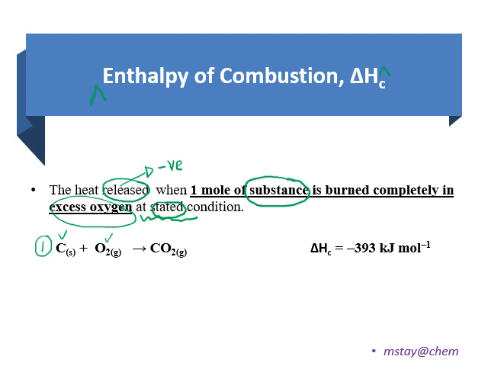This thermochemical equation fulfills the requirement of the enthalpy of combustion. In this case, we only need to focus on the substance burned, which is carbon. This substance must be the reactant.